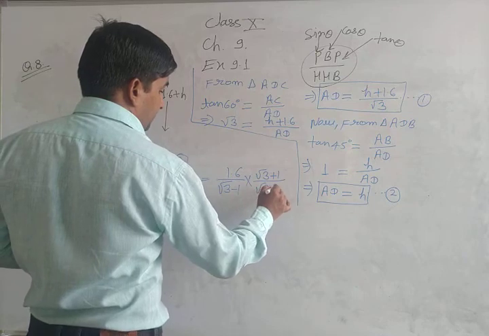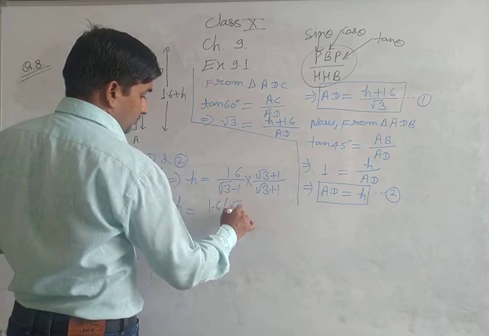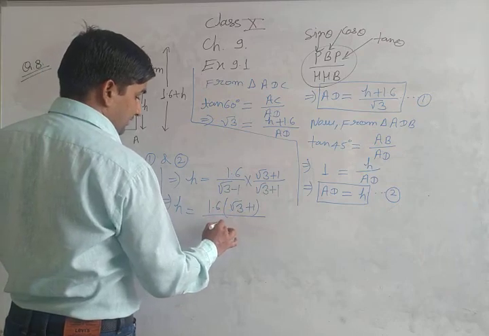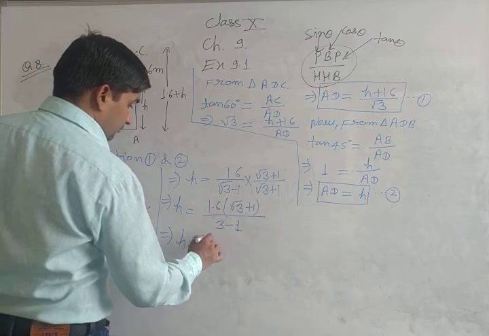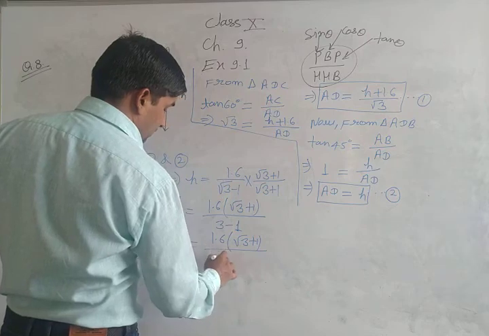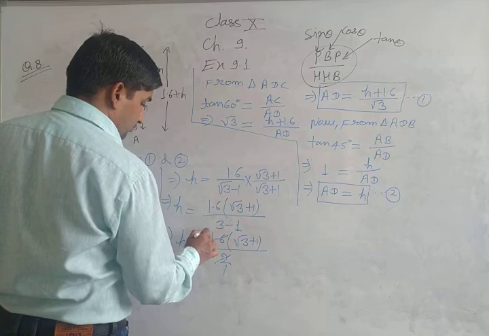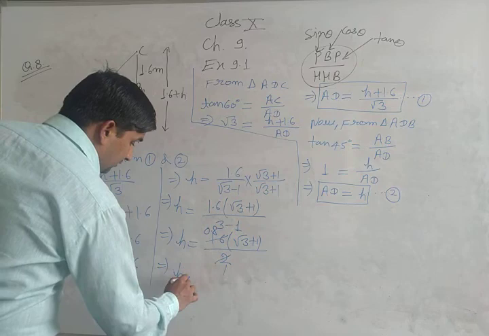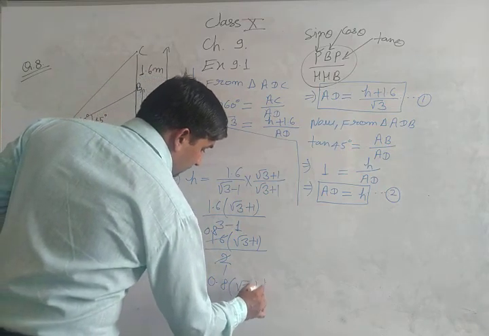Now we rationalize, multiplying denominator and numerator by √3 plus 1. So 1.6 times √3 plus 1 upon a minus b and a plus b, a square minus b square, implies that h equals 1.6 times √3 plus 1 upon 2. When you cut 2, 2 ones are 2, 2 eights are 0.8, implies that h equals 0.8 times √3 plus 1.